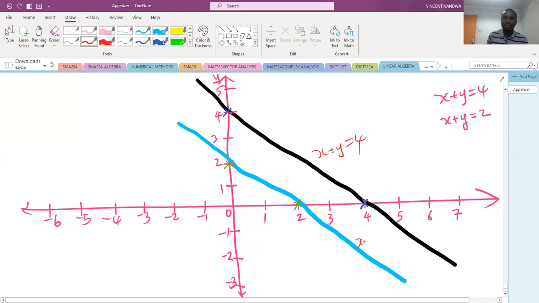This is x plus y equals 2. So these are 2 parallel lines. And we know from high school that parallel lines do not meet. Remember the solution when you're using the graphical method is the point where the lines meet. So therefore you don't expect this to have solutions because there's no meeting point between the 2 lines.